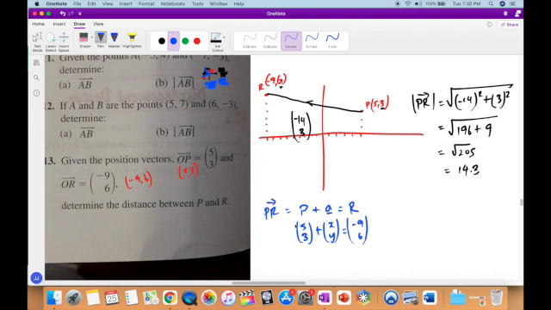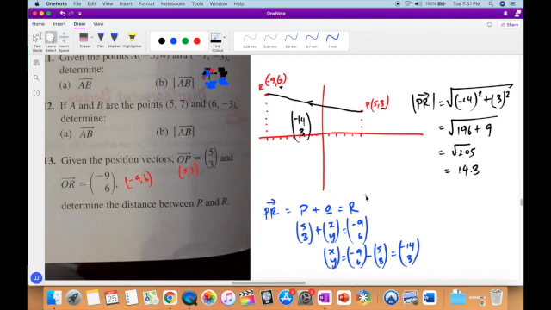Knowing the theory and knowing how to apply it. So I have to throw across the P, so it'll become R minus P. So (x, y) is going to be R minus P, which is -9 minus 5 is -14, and 6 minus 3 is +3. You understand, Shizzy?